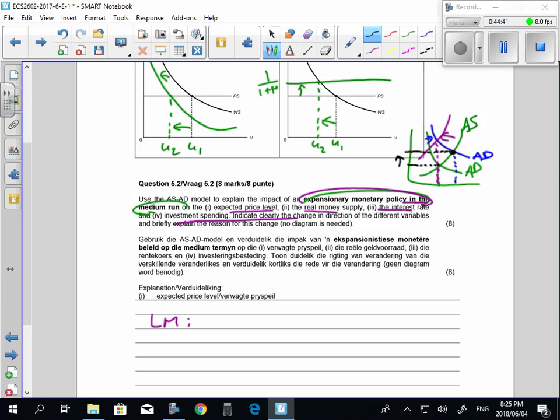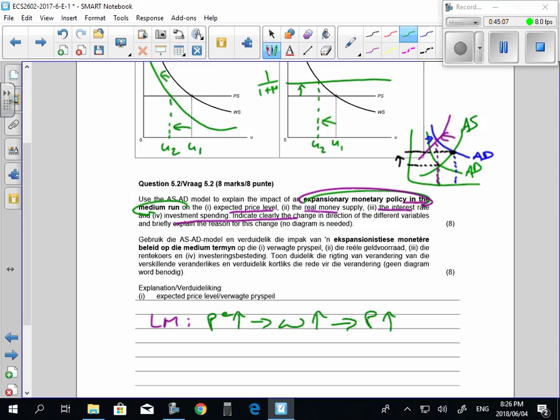So price expected at that point would be higher. They expect prices to be higher, so what are they going to do? Bargain for higher nominal wages. And remember, the self-fulfilling prophecy, prices will increase. All right.